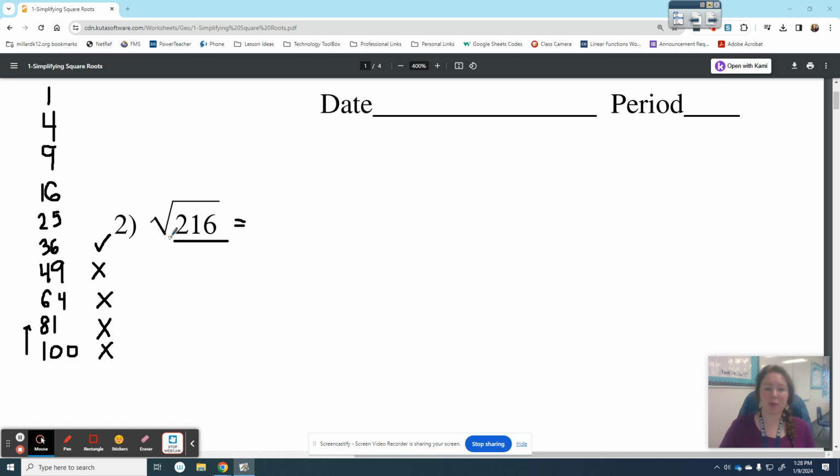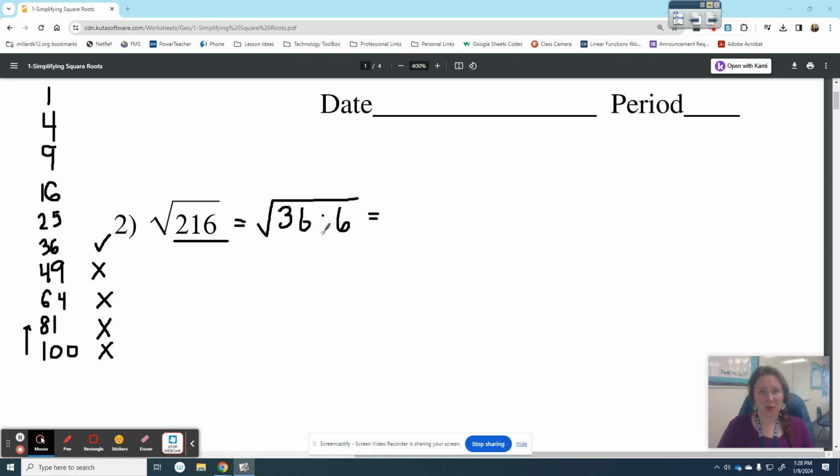So the square root of 216 is equal to the square root of, I'm just going to put the two numbers that I just discovered, 36 times 6. Because when I did it on the calculator, I did 216 divided by 36, and I clicked enter, it gave me the number 6. So that is how I know that 6 is the number that gets put here.